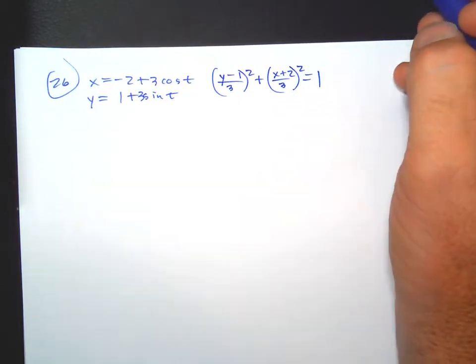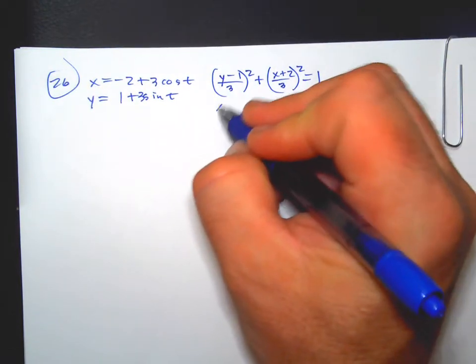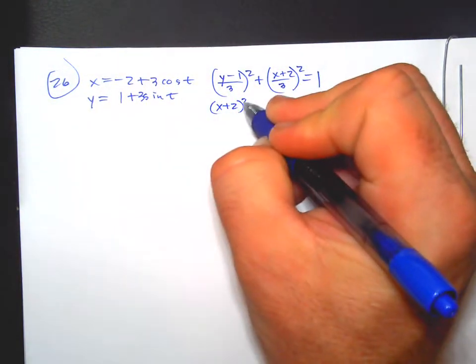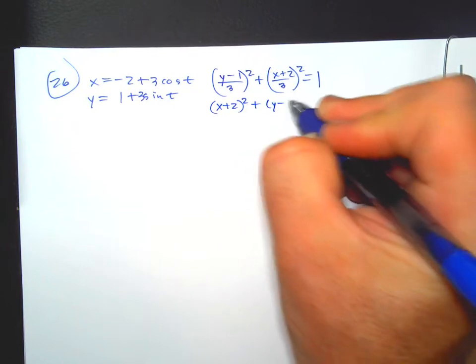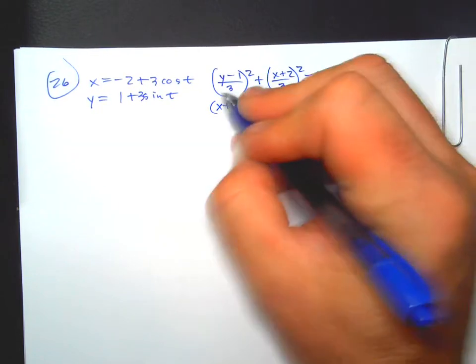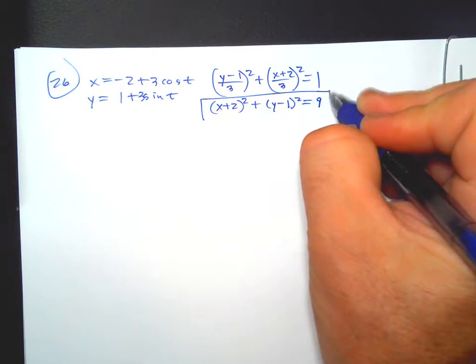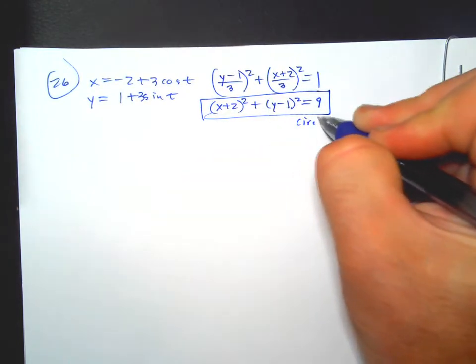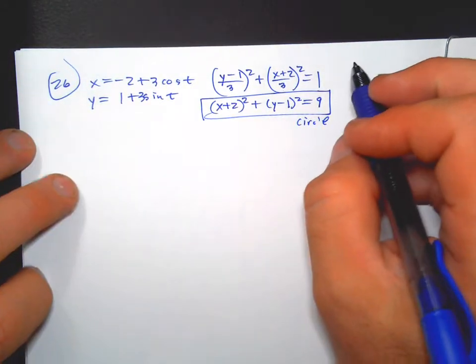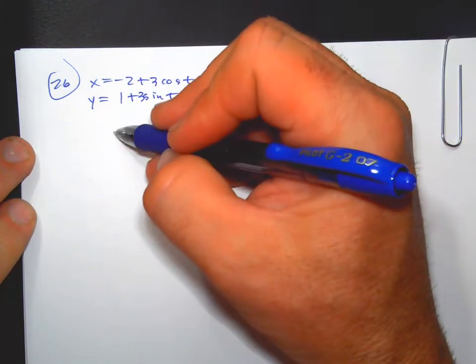I think that looks like a circle that's been shifted. So what we usually do is put the x's first and the y's second, and then we get 9s that we'd multiply over here. So this is a circle. And so we could go and sketch it with a radius of 3.